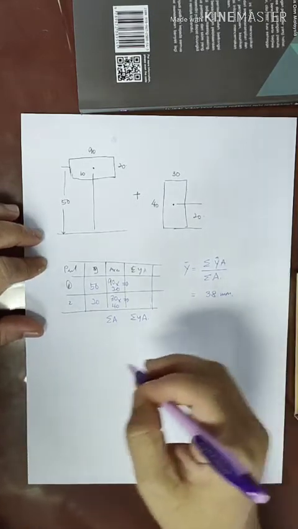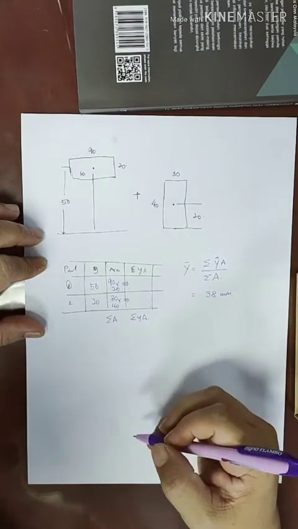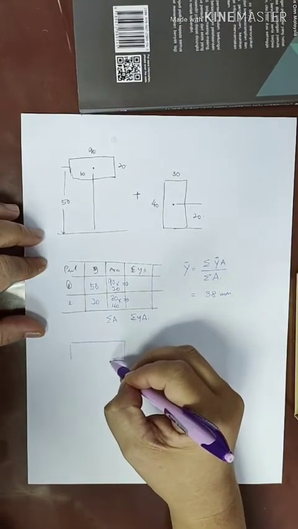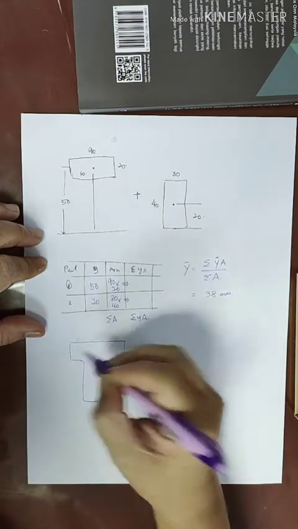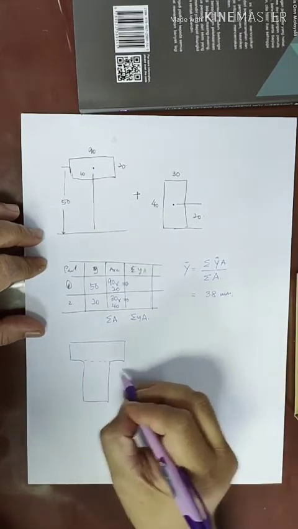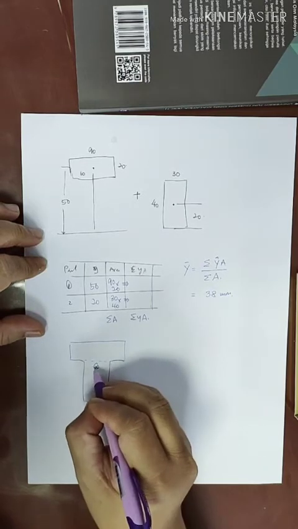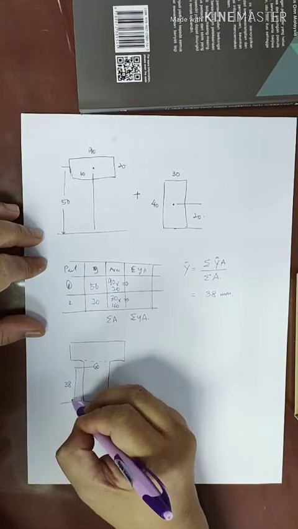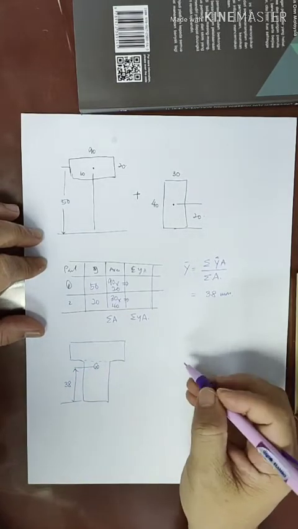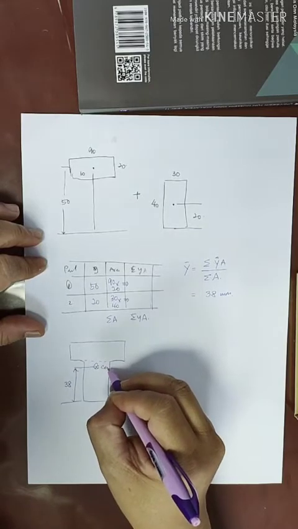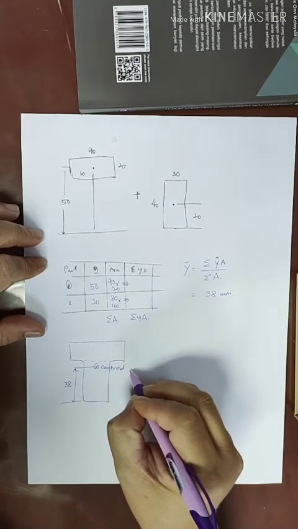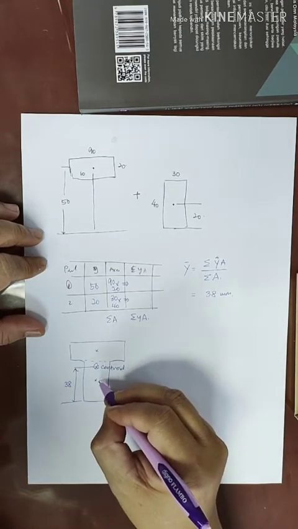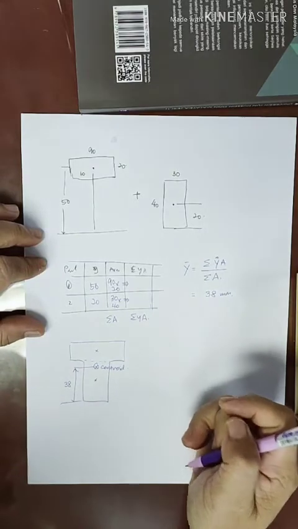So meaning that the centroid for this part is actually 38 from the bottom line. So this is the centroid point. This is the center for number 1 and then this is the center for number 2.